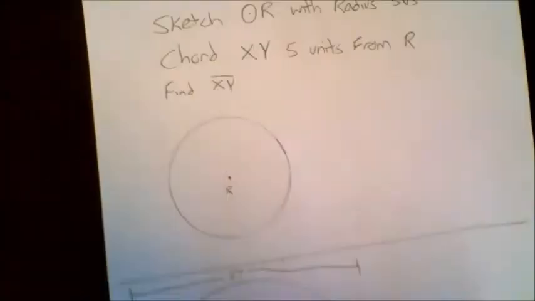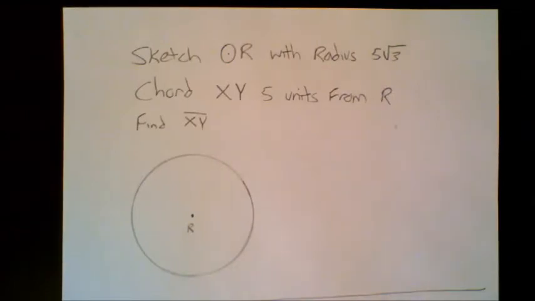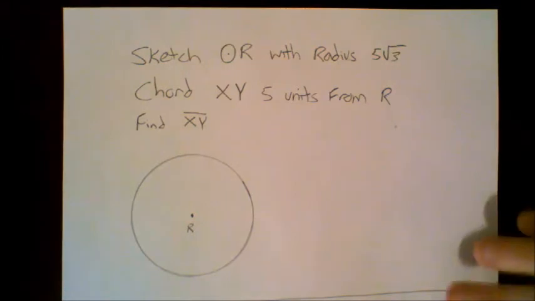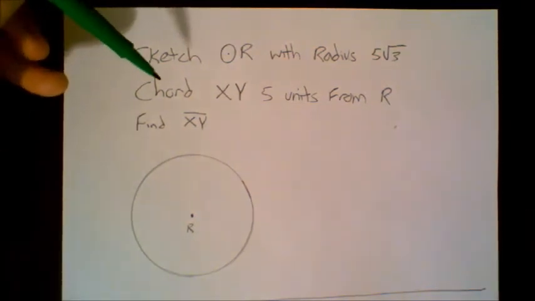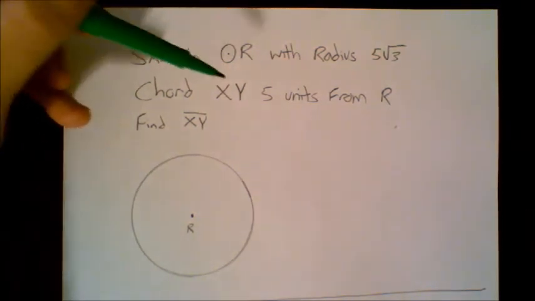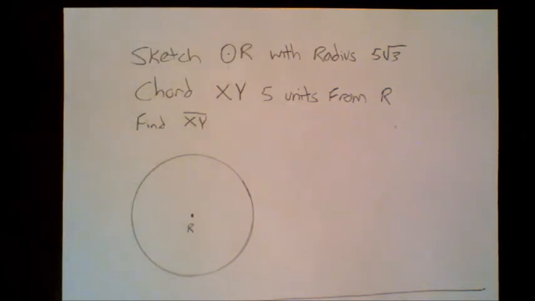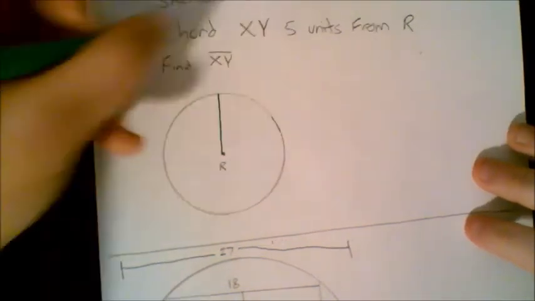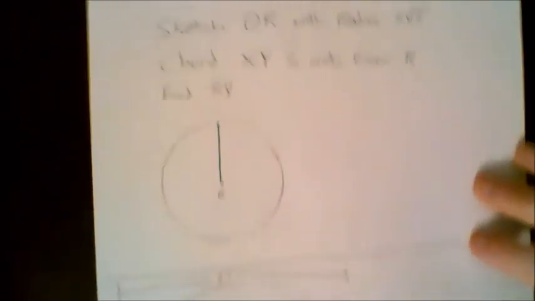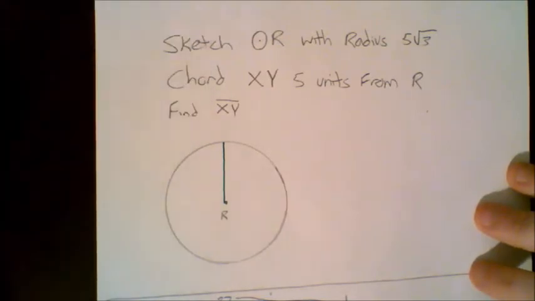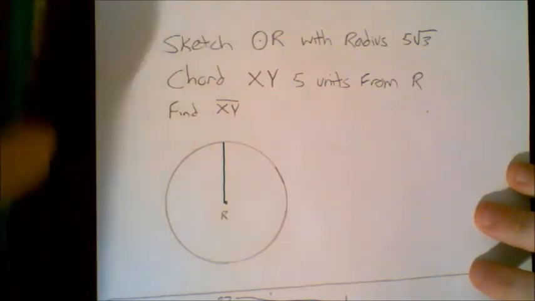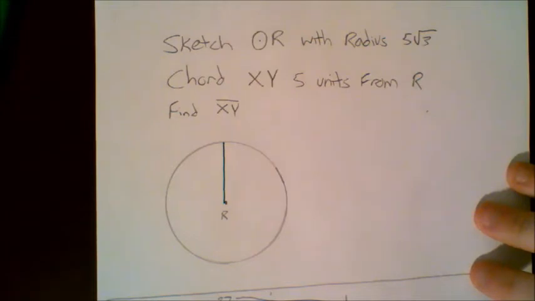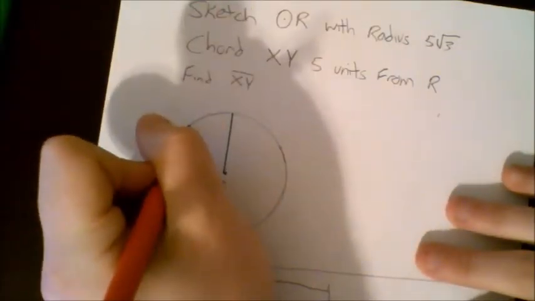All right, two more. The second to last one says, sketch circle R with a radius of 5 times the square root of 3. They also want a chord XY that is 5 units from R. So if we have our radius here, the radius is 5 times the square root of 3, and they want a chord XY 5 units from R. Let's go ahead and draw this chord.